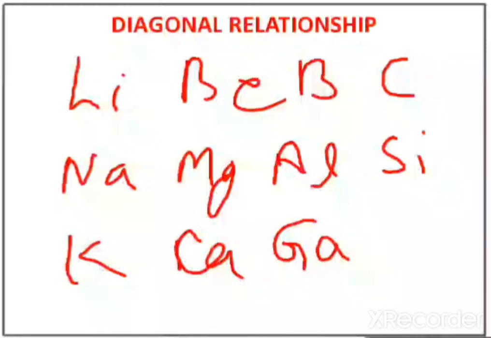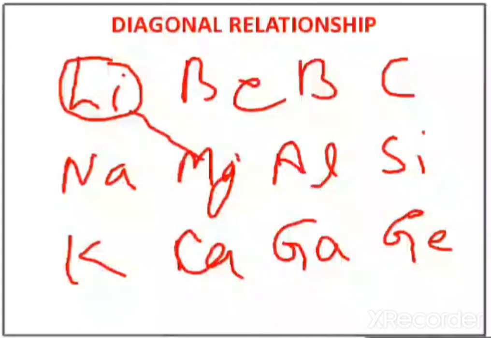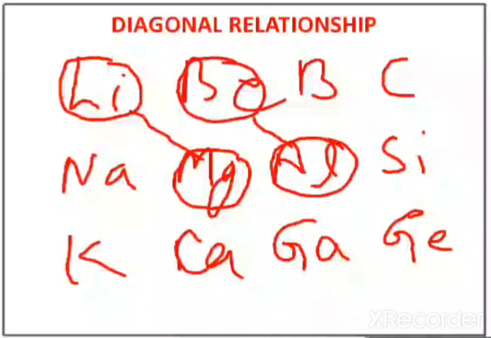Now here, this one is lithium, it shows similarities with magnesium, this is the diagonal. Like that, beryllium shows similarities with aluminium, so this one is diagonal. So the element of the first group shows similarities in physical and chemical properties with the element present in the diagonal in the next group. This relationship is known as diagonal relationship.